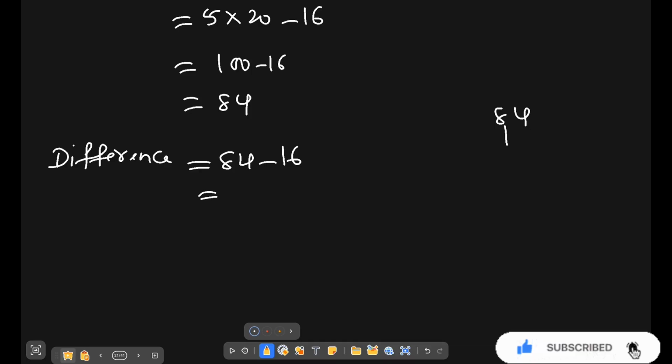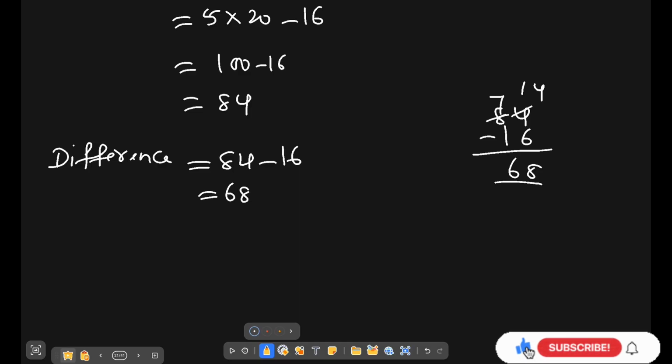So 84 minus 16 is 68. So this is the answer for the last question.